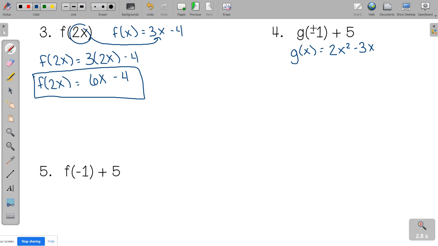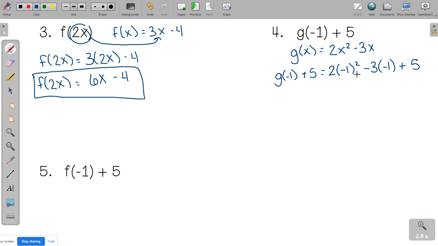So substitute negative 1 every time you see x. So g of negative 1 plus 5 is equal to, take our g function and just substitute negative 1 in for x. So 2 times negative 1 squared minus 3 times negative 1. And then we just add on the plus 5.